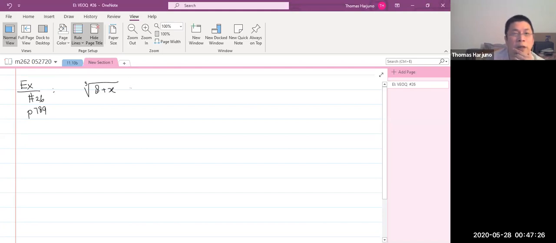Okay, let me modify this. I factor the cube root of 8 out. So inside I get 1 plus x over 8. Actually, cube root here. So this is 2 times 1 plus x over 8 to the power of 1/3.